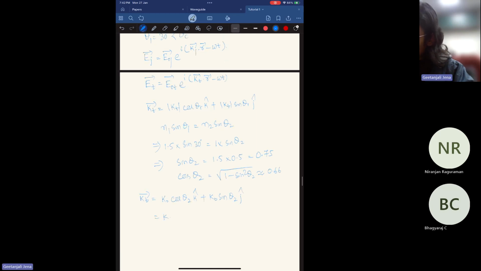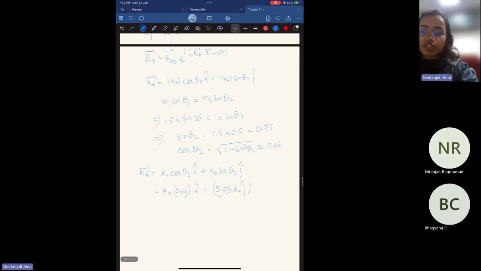And it is k0 cos theta 2, which is 0.66 K cap, plus 0.75 k0 J cap. So you got the expression for the propagation vector in the transmitted medium.